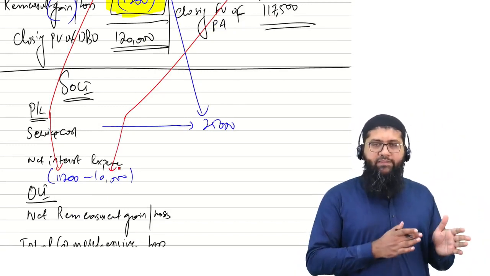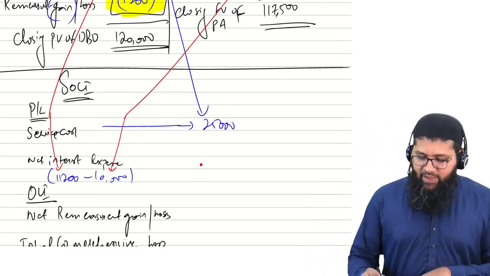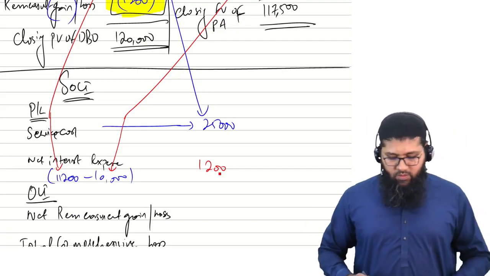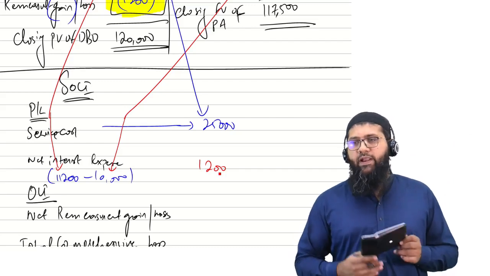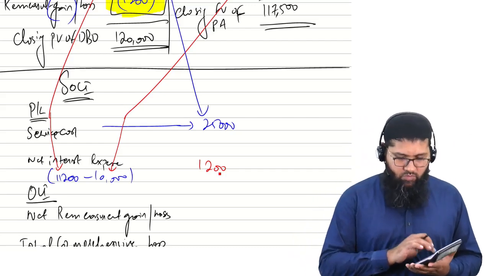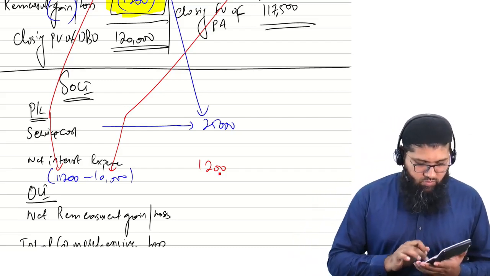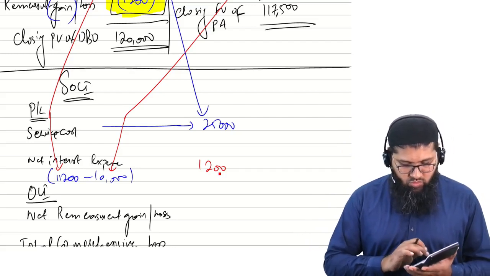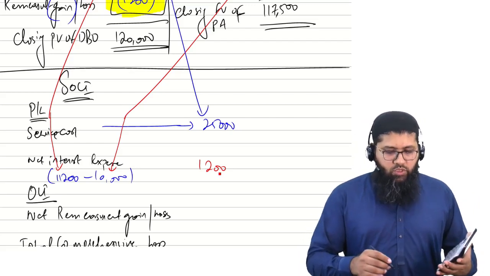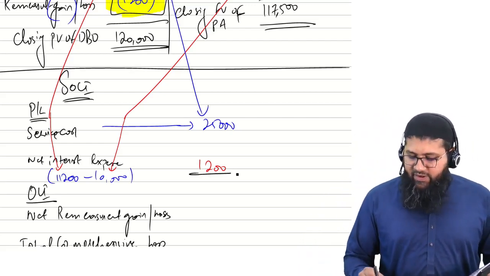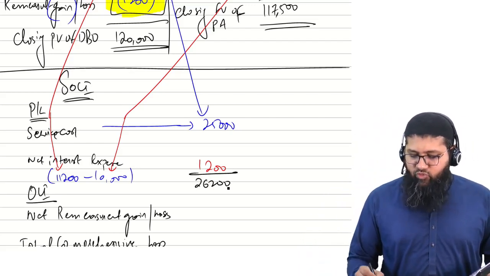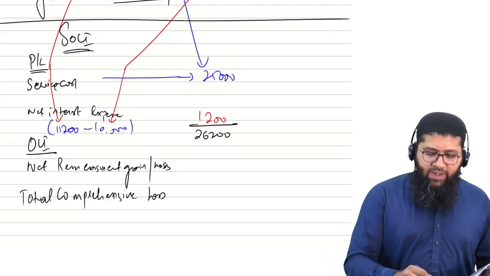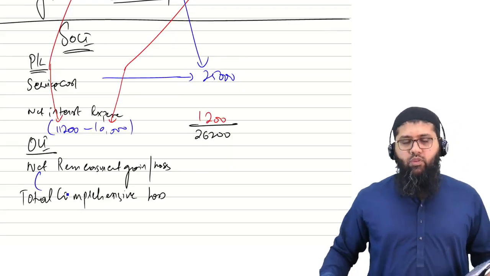So the interest expense and the interest income. Resultingly, it's 1,200, the net interest expense. So hence the total amount is 26,200, and then you have got net remeasurement gain loss.